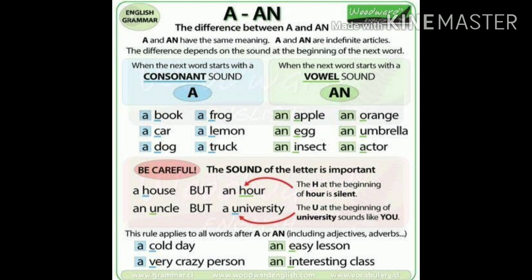An uncle, but a university. Now can you guess why we have used a in front of a vowel, that is university? Because the U at the beginning of university sounds like "you", which is a consonant sound. So we use a in front of university.